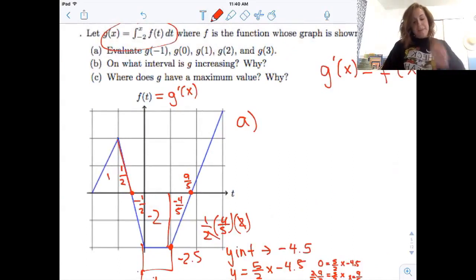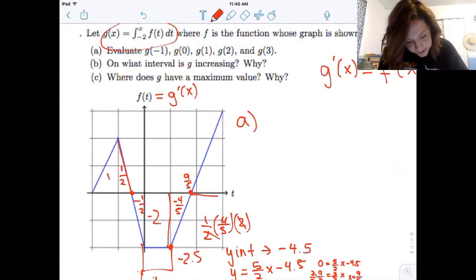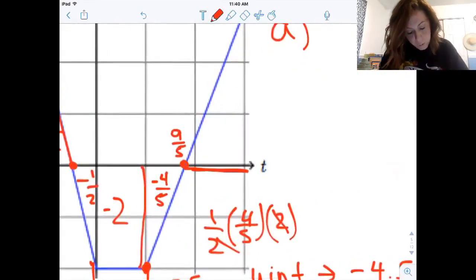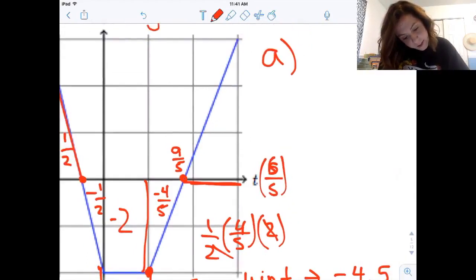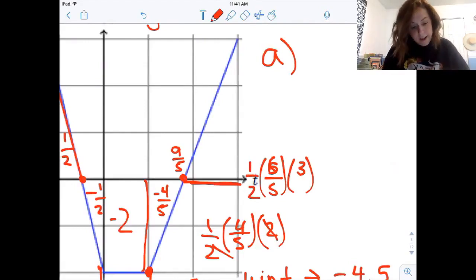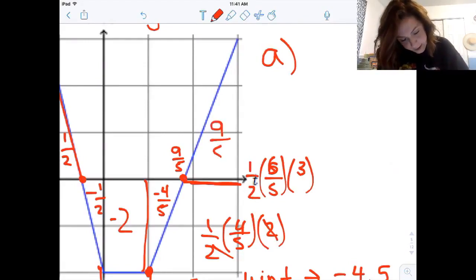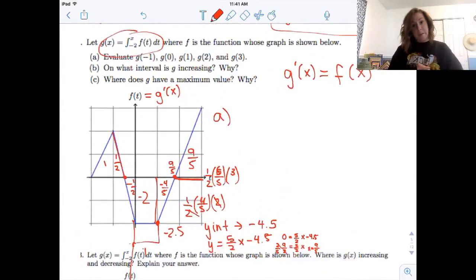And then thinking about your area here, well, this height would be 1 1/5, right? So 6/5 times your height, which is 3, and multiply that by 1/2. So that is 9 over 5 as your area. Okay. Sorry, that was slow.